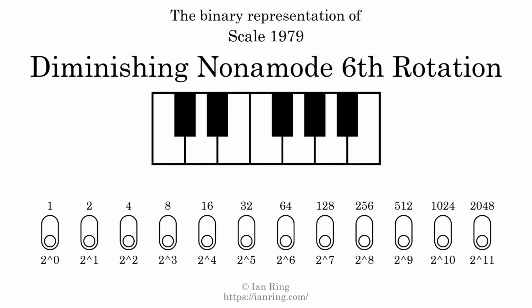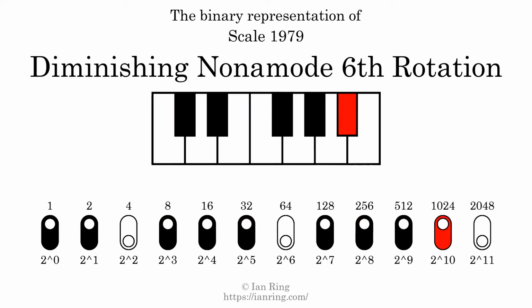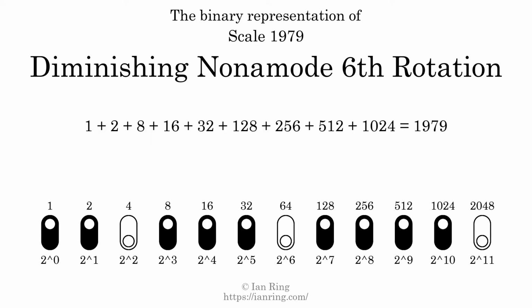The binary representation of this scale is determined by mapping tones of the scale to binary digits. Each binary digit represents a power of 2. To get the scale number, we add the powers of 2 together. The powers of 2 that are present in the scale, all added together, equals 1979.